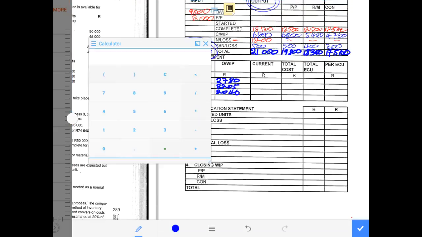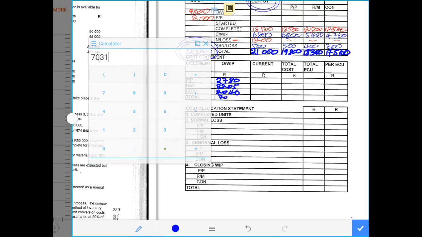The total for that will be 2,780 plus 2,205 plus 2,046, which gives us 7,031. That will be our total.